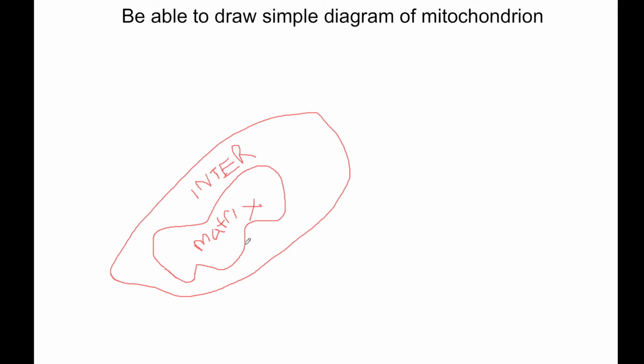These spaces are really important when we're talking about metabolism, where things happen. So stage 1 happens out here in the cytoplasm. That is the glycolysis. Stage 2, Roman numeral 2 here. This starts in the cytoplasm and then it moves across both membranes to end up in the matrix.